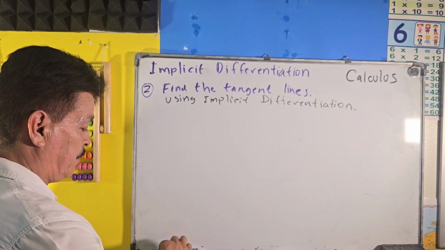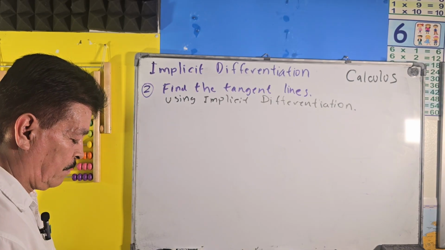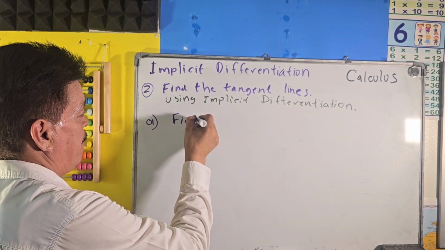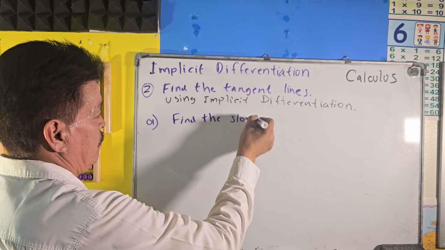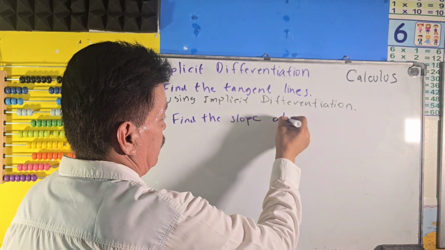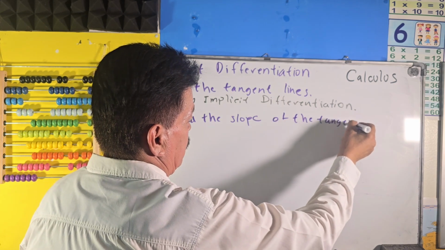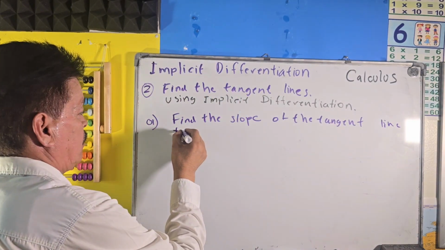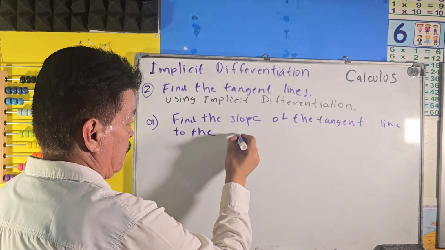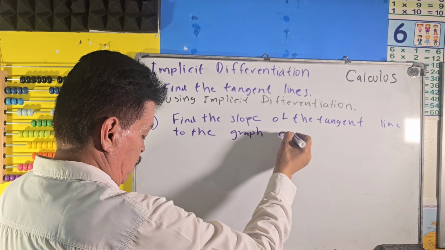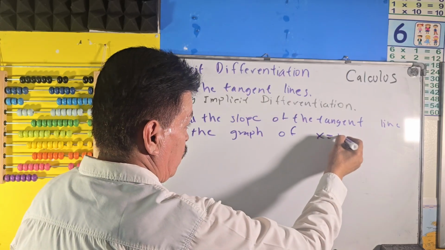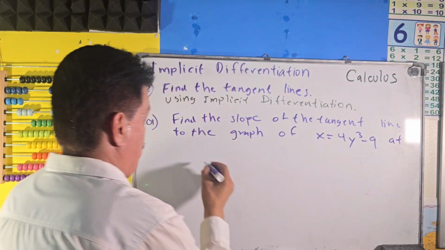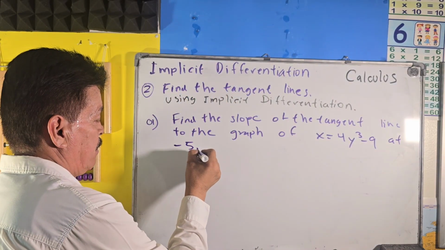So first, let's write here, find the slope of the tangent line to x equals 4y cubed minus 9 at the point negative 5 comma 1.